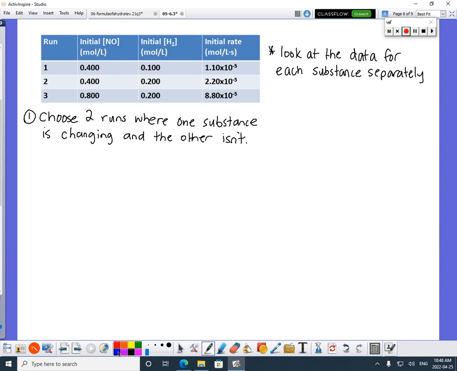So for example, if we're going to do NO first, between run 1 and 2, is it changing? No. So that doesn't help us. Between 2 and 3, is it changing? Yes. In this example, we're just going to go consecutively according to the chart.